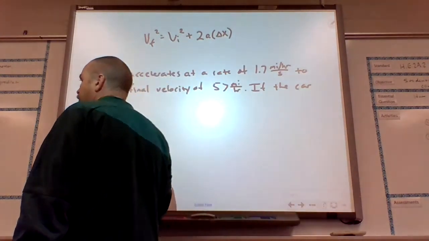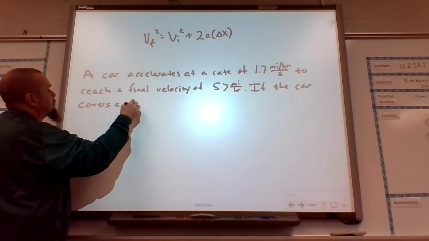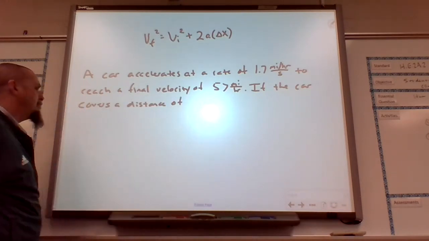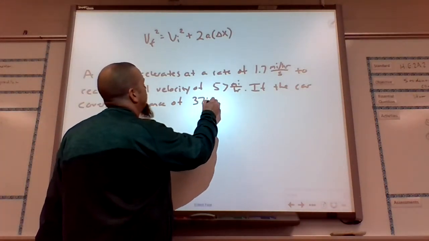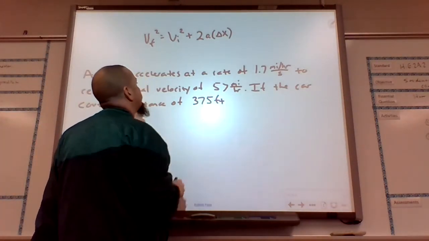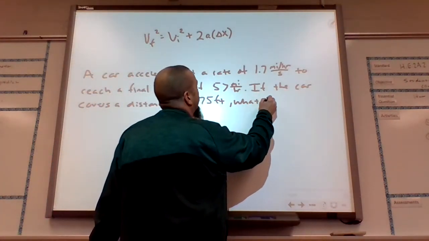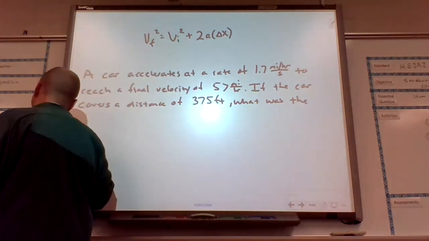The car covers a distance of, let's say, 375 feet. What was the initial velocity of the car?